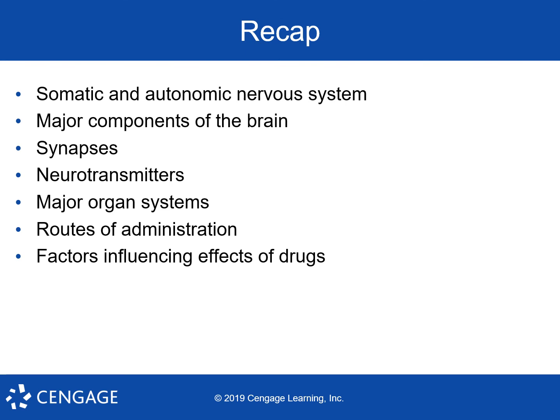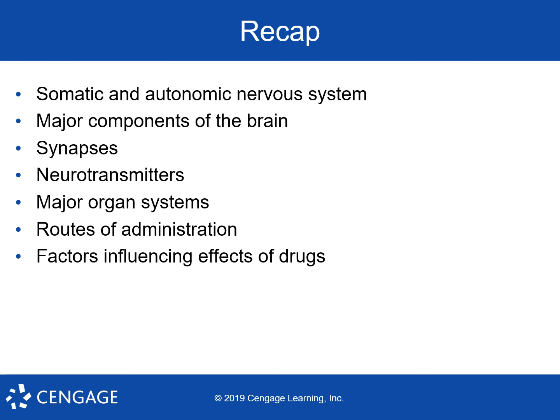Let's just recap some of the most important points of today's presentation. So as far as pharmacology, understand the purpose of pharmacology, knowing a little bit about the mechanism by how drugs and medications affect the human body. And by doing so, you have to have a little bit of an understanding of the human body. Most important of the organ systems to understand are the somatic and the autonomic nervous system, as well as the central and peripheral nervous system.